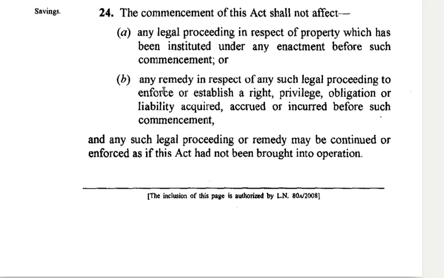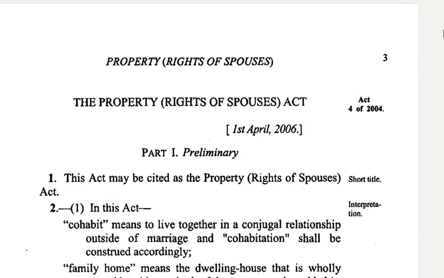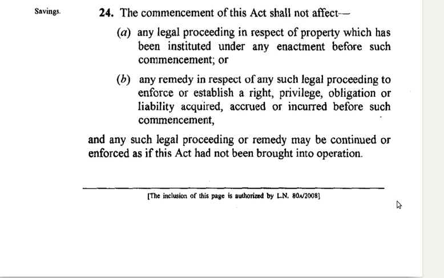B. Any remedy in respect of any such legal proceedings to enforce or establish a right, privilege, obligation, or liability acquired, occurred, or incurred before such commencement. So if there was some proceeding regarding the property that occurred before 2006, then this act would not be able to go back in time and affect that.